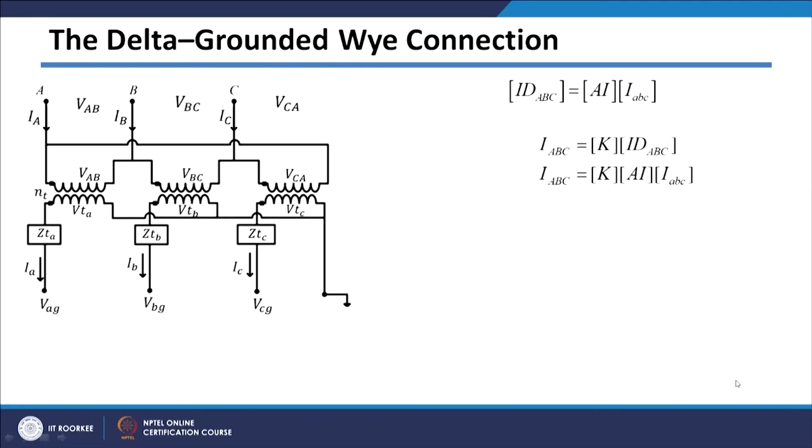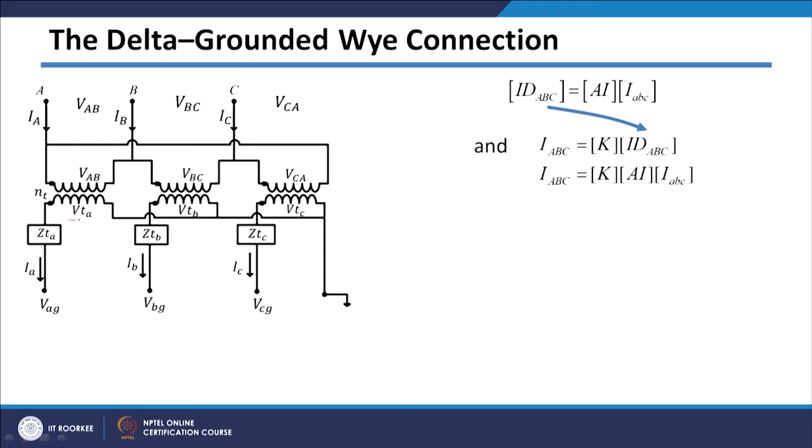Let us see how we can get currents. In this case, first we will take currents which are winding currents. As we know, winding currents are related by the turns ratio.